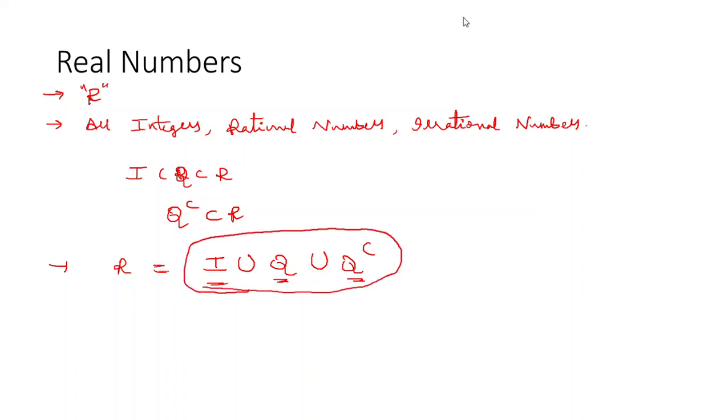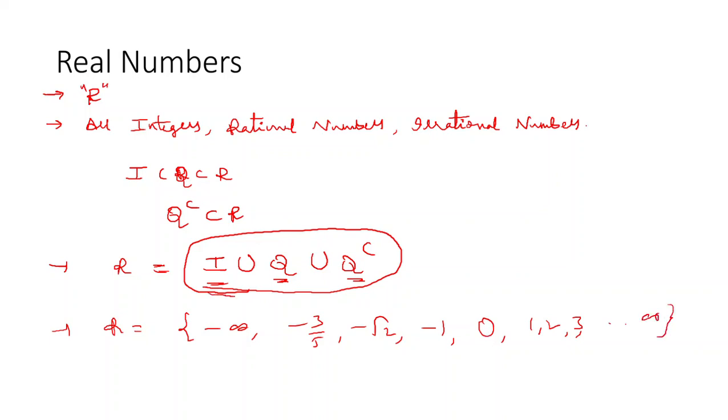So we can write this real number set as minus infinity, minus 3 by 5, minus root 2, minus 1, 0, 1, 2, 3, and so on. It contains all these numbers. We can say all integers are real numbers, all rational numbers are real numbers, and all irrational numbers are real numbers.